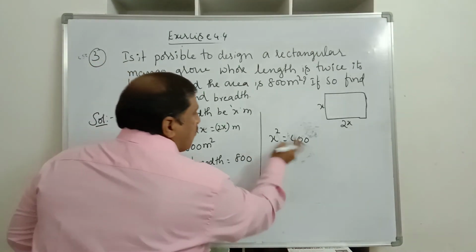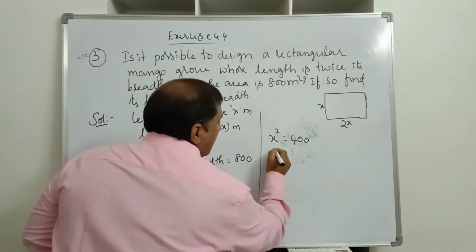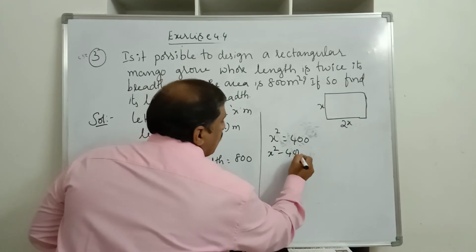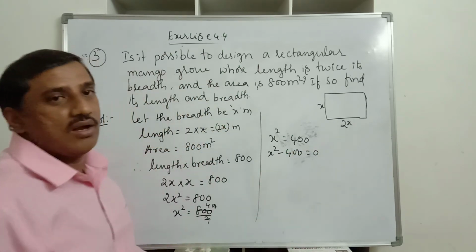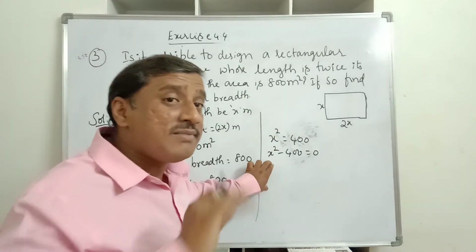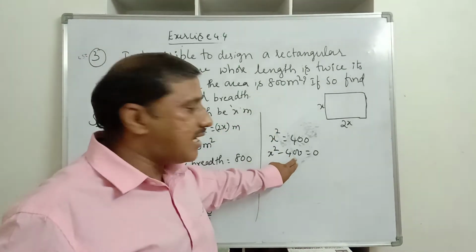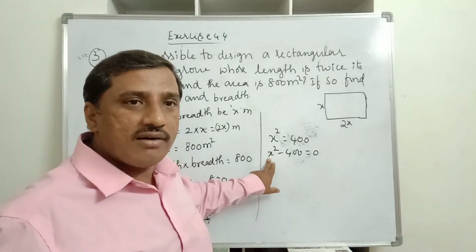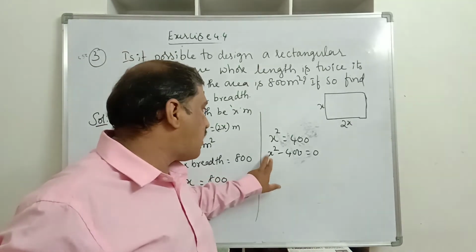We have to check whether it is possible or not. So transpose 400 to the LHS. x square minus 400 is equal to 0. Now you compare here: we don't have the middle term, the x term is not there, and we have a constant, and the x square coefficient is 1.